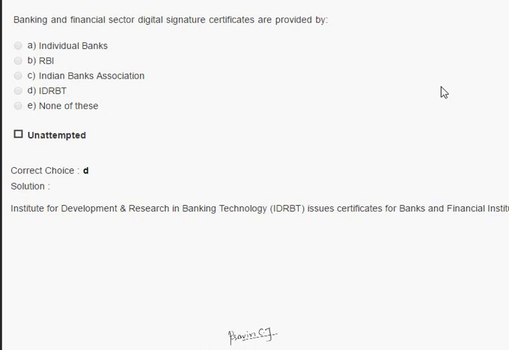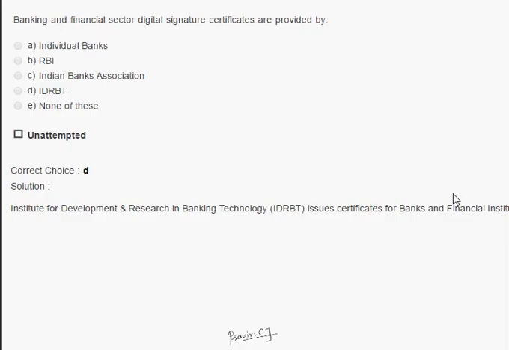A digital signature is provided with encryption technology. There are many classes available for a digital signature: class 2 encryption, class 3 encryption. If you file income tax, then at least you need a class 2 digital signature. A class 3 digital signature is adopted by institutions.